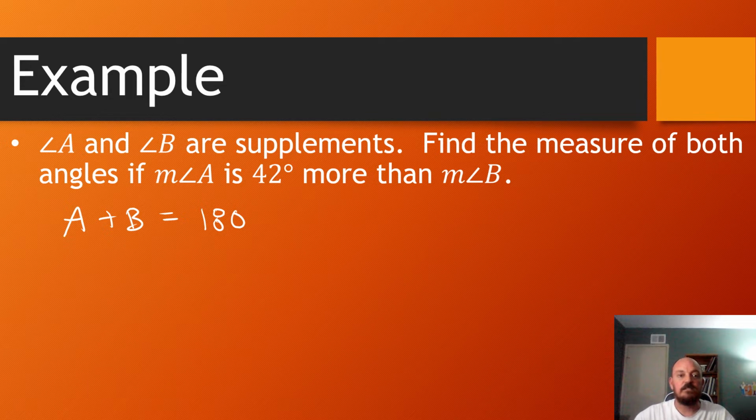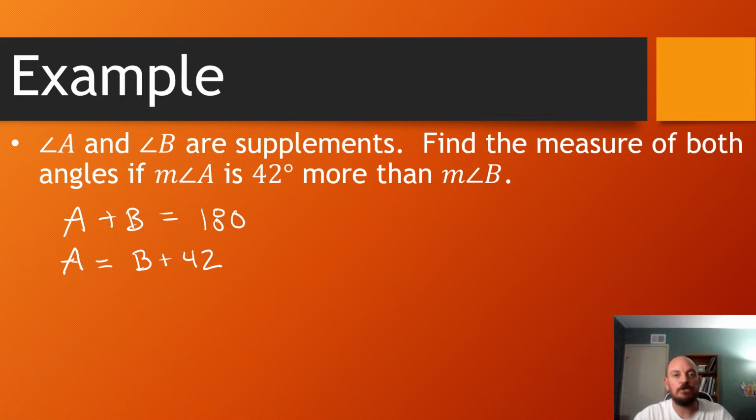Then what I said is find the measure of both. We're going to find angle A and angle B. If measure of angle A is 42 degrees more than measure of angle B. Let me write that down. Measure of angle A, I'll call that A, is, well, is means equals, 42 degrees more than measure of angle B. That means B plus 42.